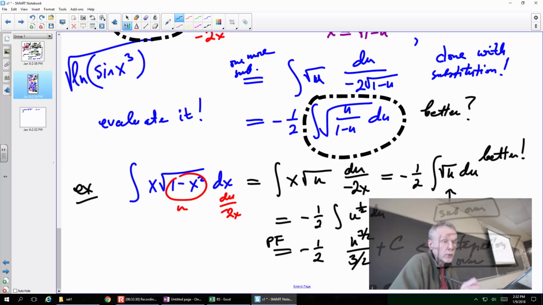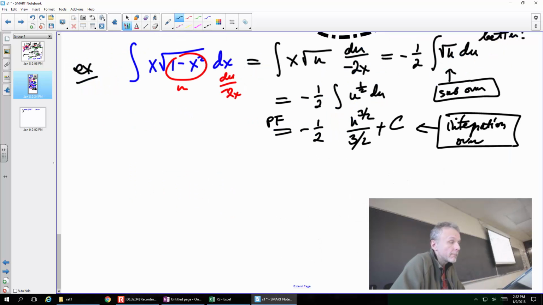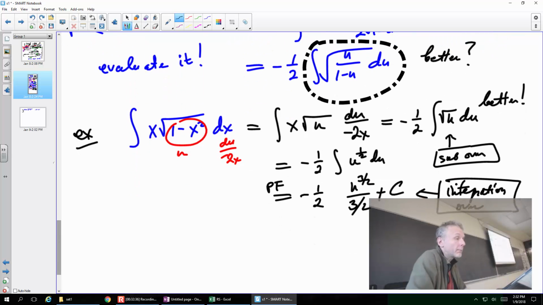Okay, there is one more step. What's the last step? Change the 3/2 to 2/3, and change u back to x, right? So, back substitution. Because the original was with respect to x, u was made up. We made up that variable u.